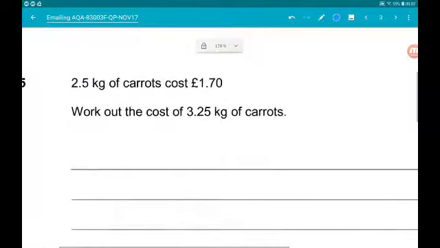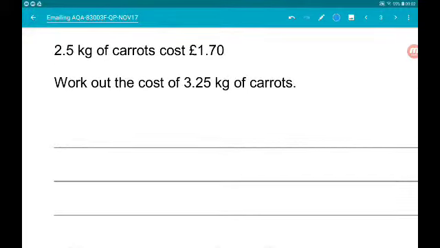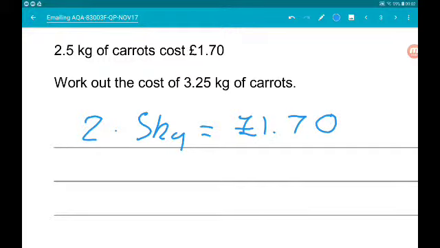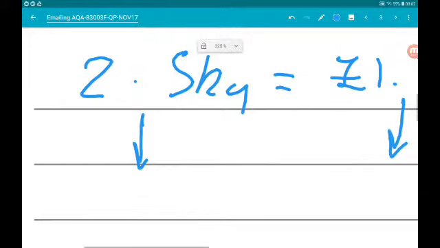Number 5. 2.5 kilograms of carrots cost £1.70. Work out the cost of 3.25 kilograms of carrots. We know 2.5 kilograms is £1.70. How can we work out what 1 kilogram would be? We divide by 2.5.